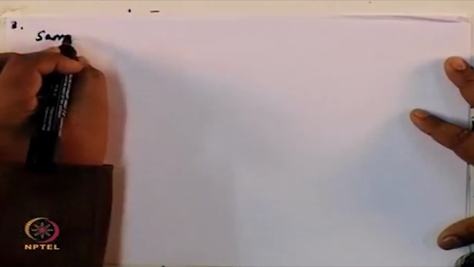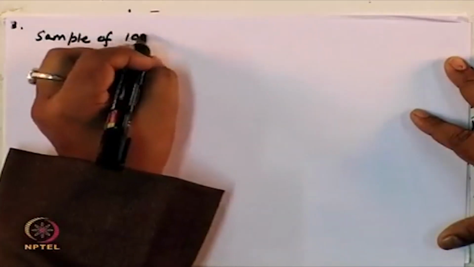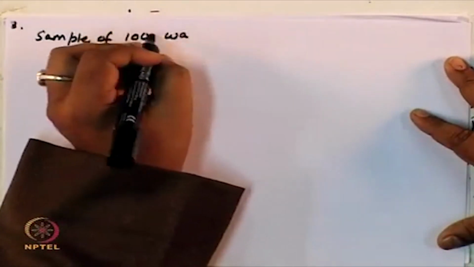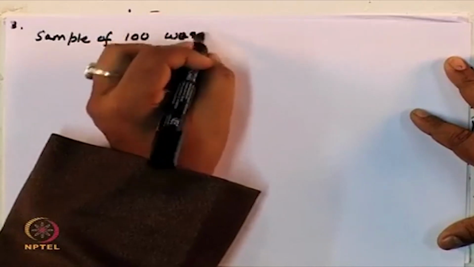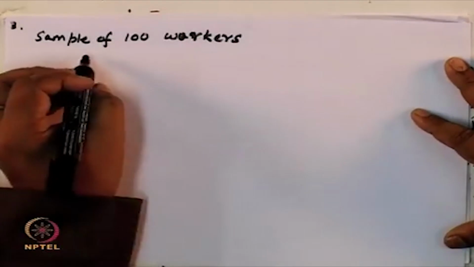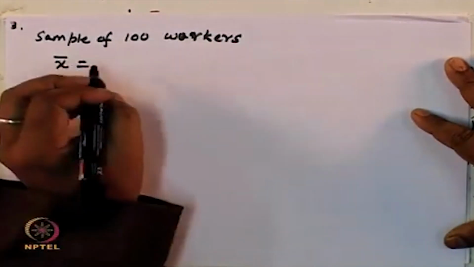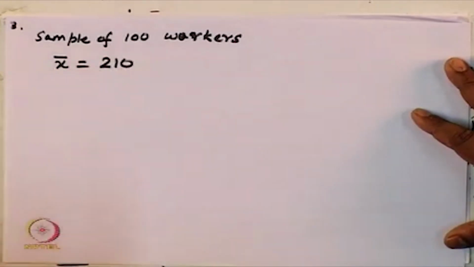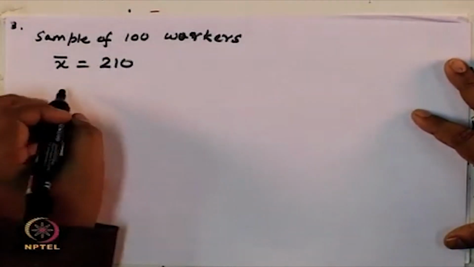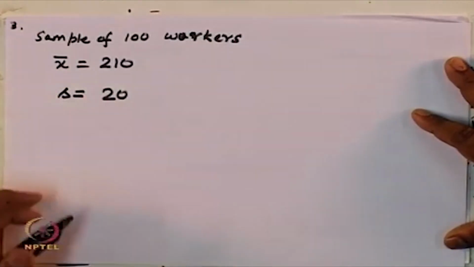Now, let us say there was a sample of 100 wage earners, 100 workers, which provided x bar equal to 210 and S equal to 20.